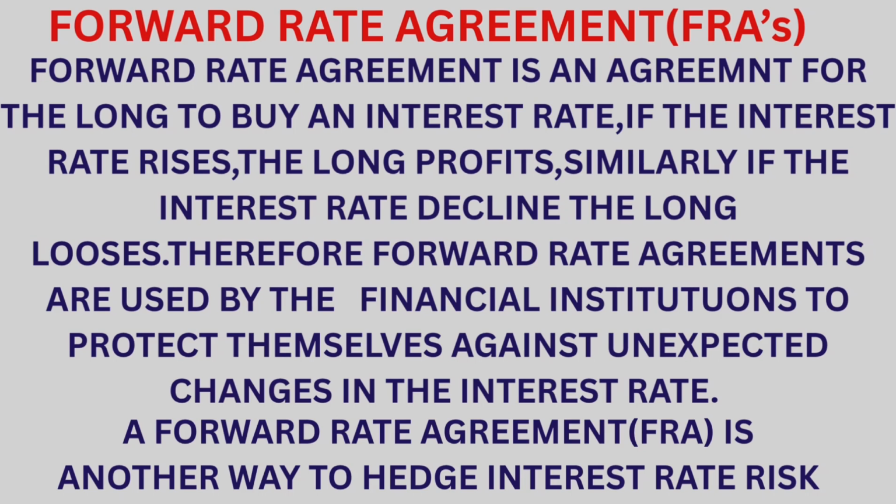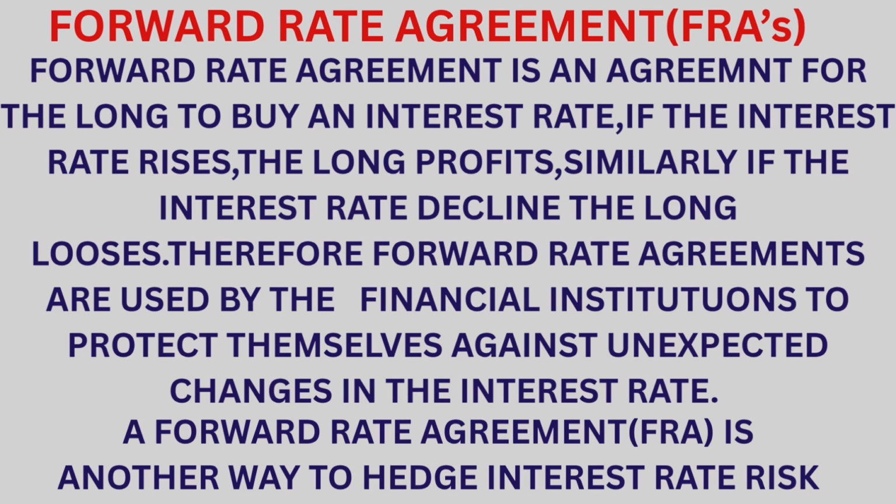So students, why is the forward rate agreement used? Forward rate agreement is used for hedging the interest rate risk, because there is a high risk that in future the interest rates will fluctuate. Maybe the rates will go up or maybe the rates will go down.